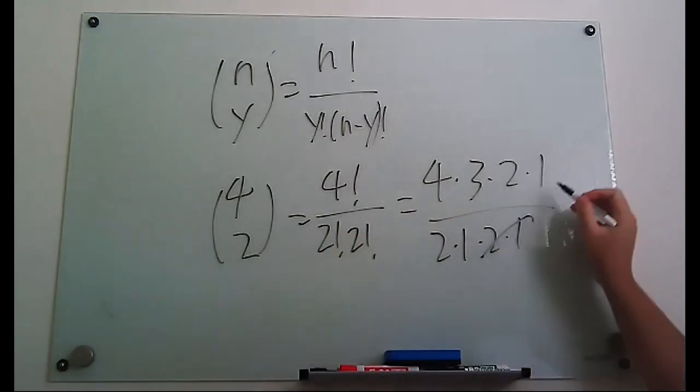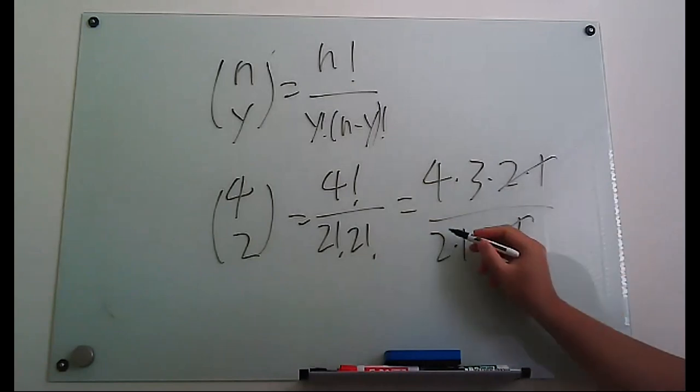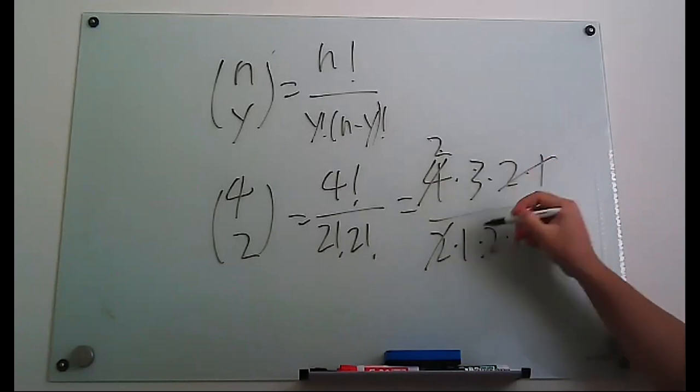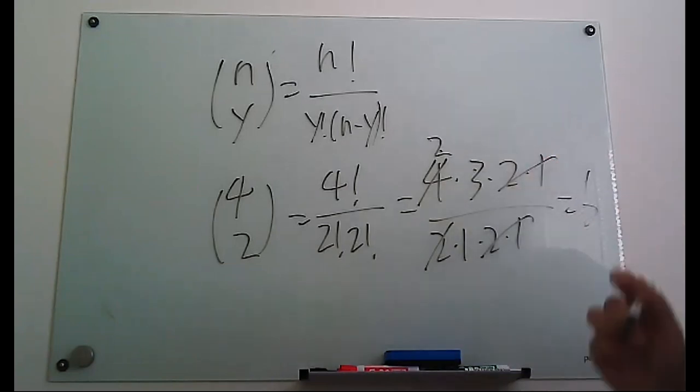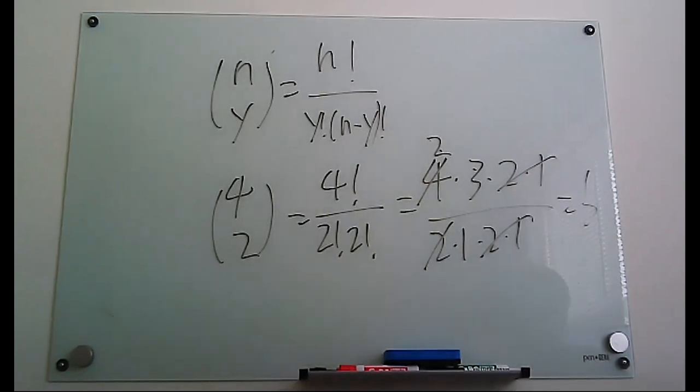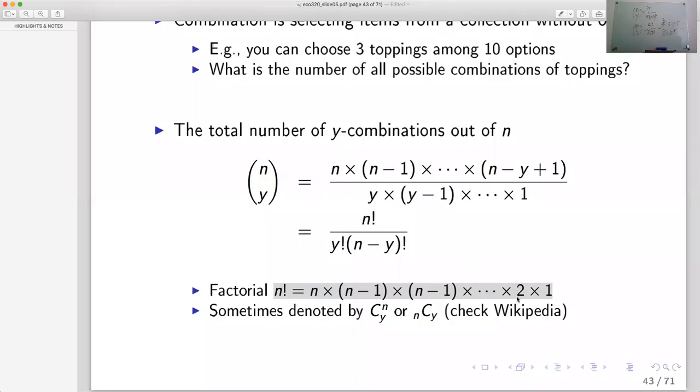You can cancel out this one, and you can also cancel out this one. So 2 times 3 over 1 equals 6. This is how you get 6. You can count it if the numbers are small, but if n equals 20 or something like that, this would be superior to any other method. Okay.